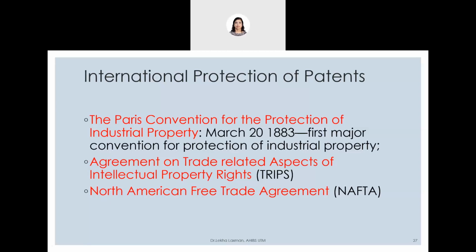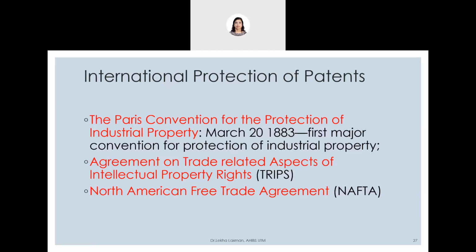These industrial countries believe that the developing countries like to copy their inventions, and therefore they brought this agreement to force all developing countries to sign on to these international conventions, and make sure that they have national legislation that incorporates the provisions of these international conventions.